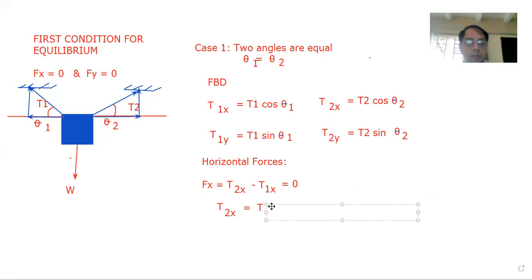So may equal sila nga duwa kay sila lang nga duwa sa horizontal line. One goes right, one goes left. So if their total is zero, then they must be the same in value.